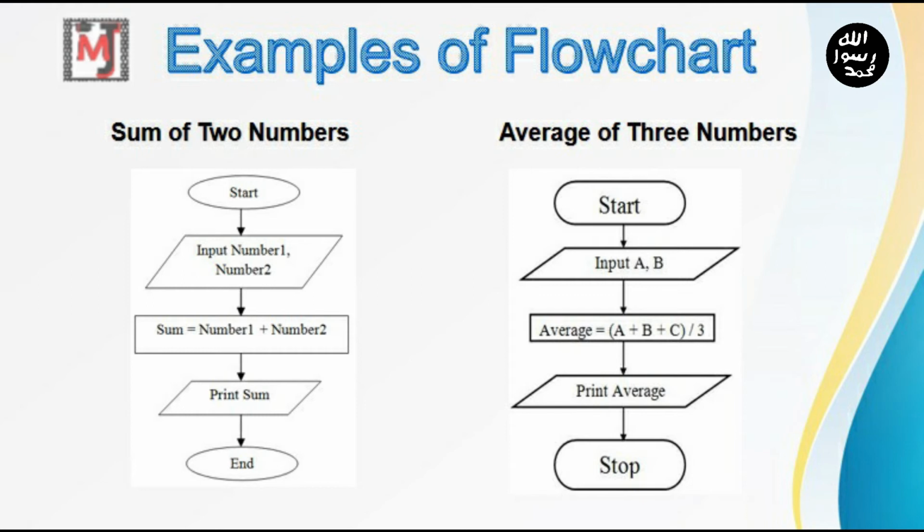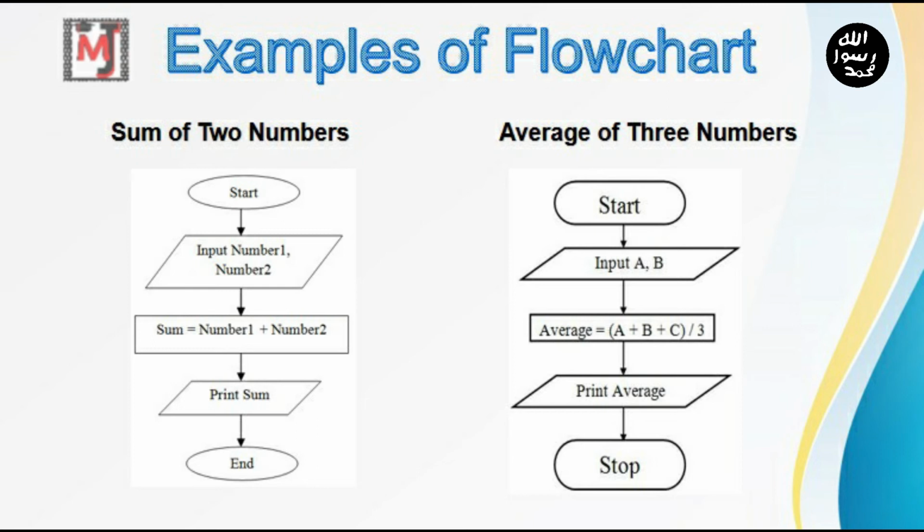First, you will start the flowchart by drawing the oval shape and write in the oval shape start. And then you will take two numbers as an input from the user and draw the figure for input, that is parallelogram. And as you have taken the input, then you go towards processing. So for processing, you draw the figure, that is rectangle, and you write the formula sum is equal to number 1 plus number 2.